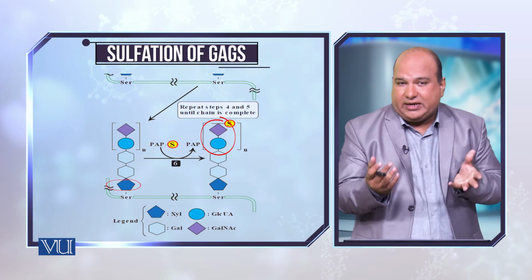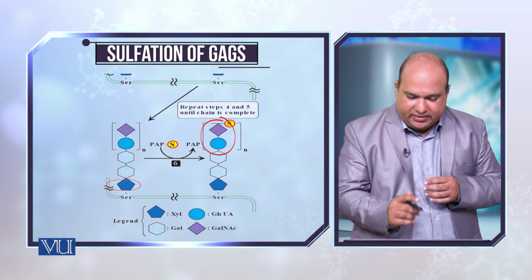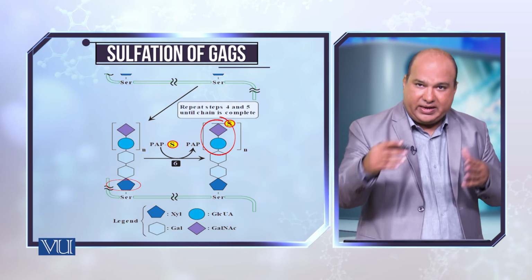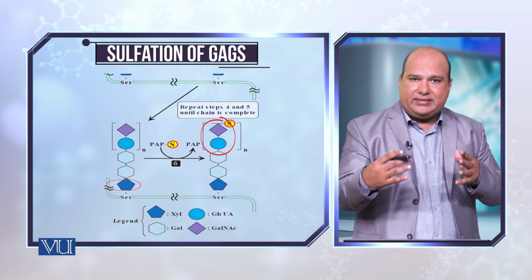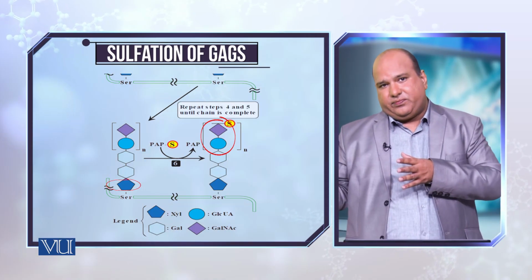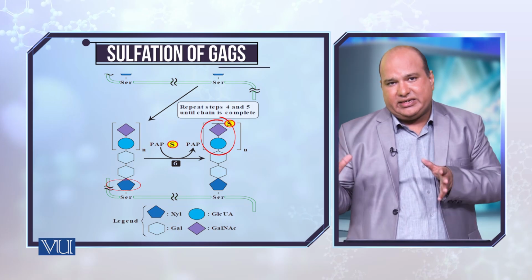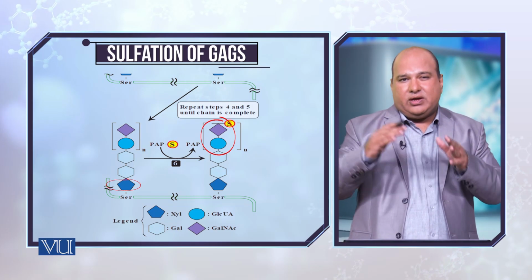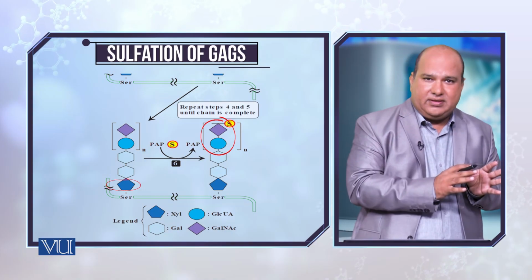Once you have the linker molecules, new hexose or sugar molecules are added. Usually keep in mind that the number of disaccharide units of the GAGs goes to around 150 to 200.